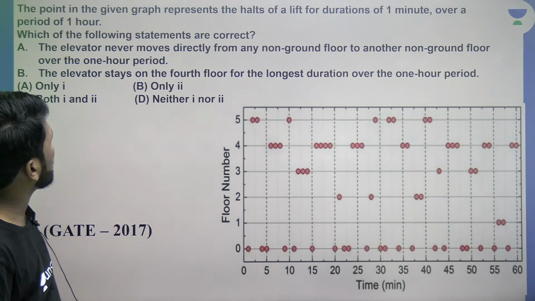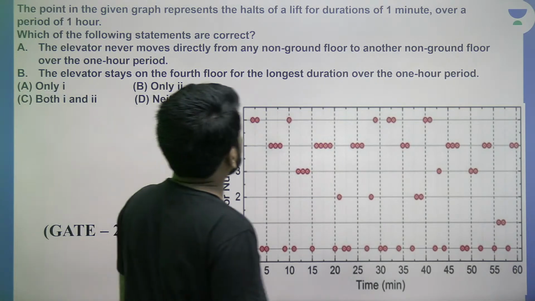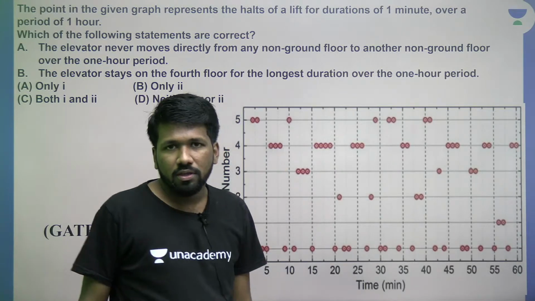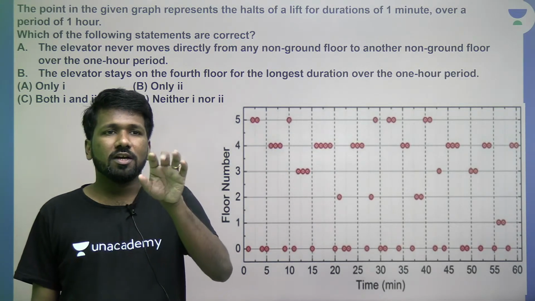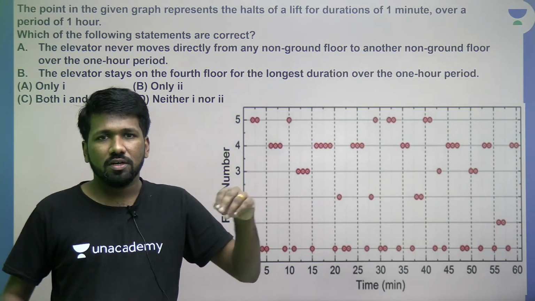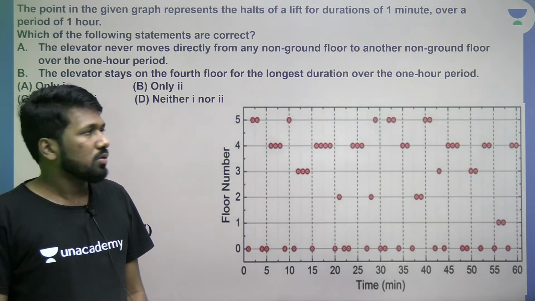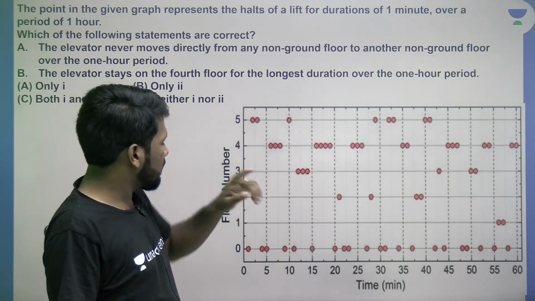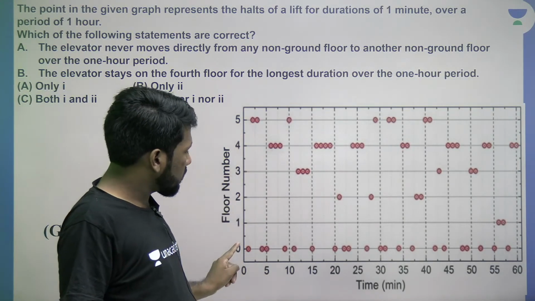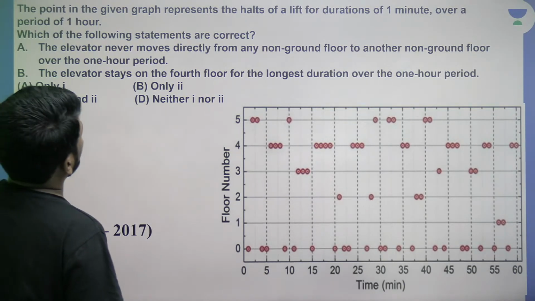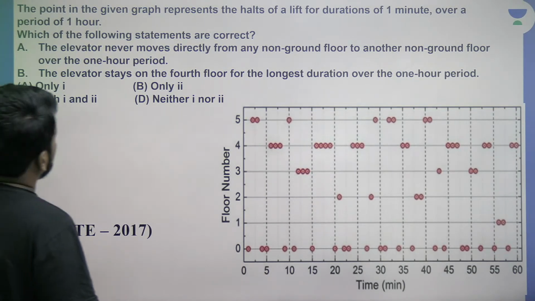Halts means stop. When you click, the lift will come and it will stop for some time so that the people can enter and then it will move. So 1 minute halt, that halt is denoted by these red dots.